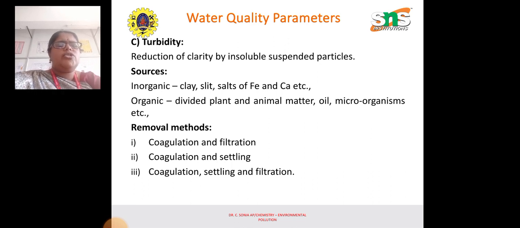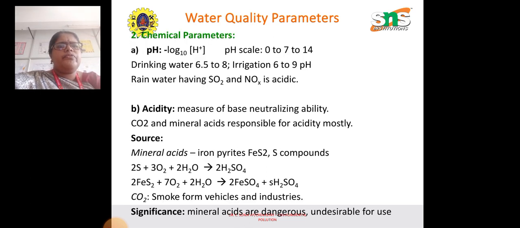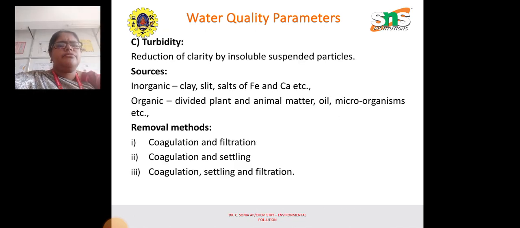Sources: inorganic sources like clay, silt, salts of iron and calcium, etc. Then the organic sources, like divided plant and animal matter, oil, microorganisms, etc. Removal method: it is removed by coagulation, settling and filtration. These turbid particles are coagulated and removed by the precipitation process. Thank you.